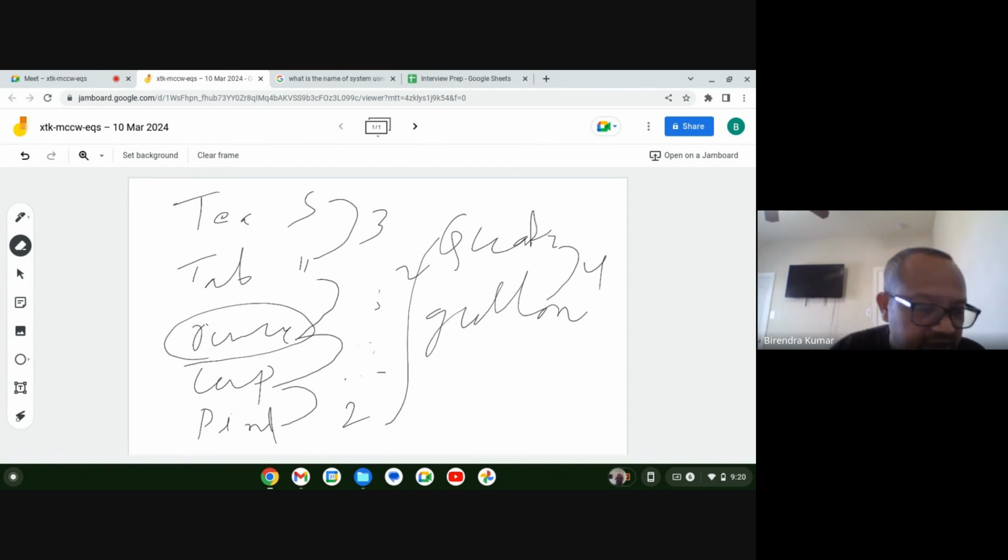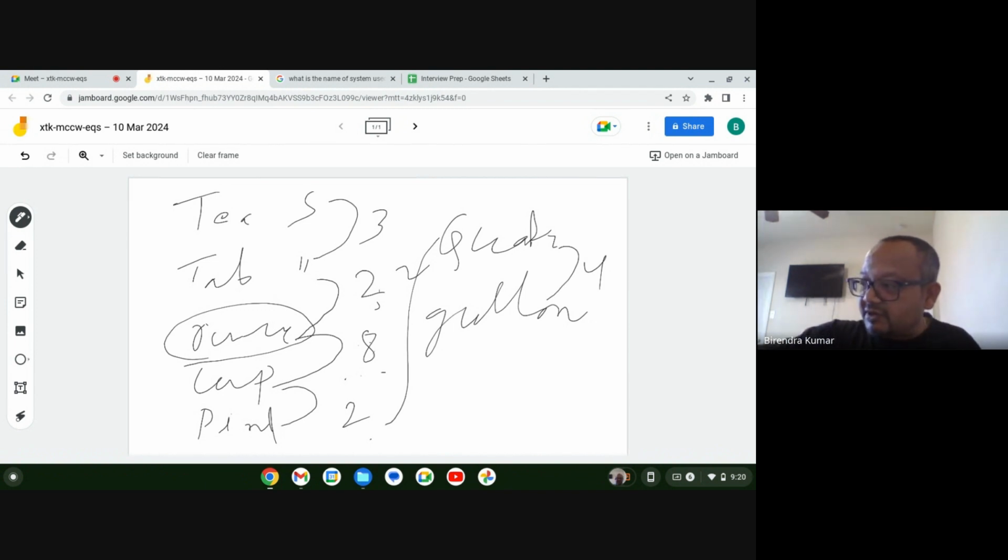So there's something wrong with what I was teaching you. 2 tablespoons make 1 ounce, 8 ounces make 1 cup, 2 cups make 1 pint, 2 pints make 1 quart, 4 quarts make 1 gallon.